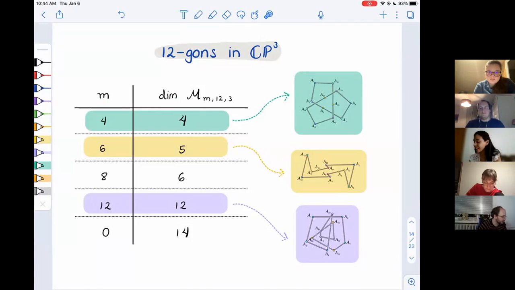The reason why I maybe don't enjoy guessing too much is because, for instance, this one was a surprise, right? As I said, I would expect that when M decreases, then the dimension of the space also decreases. But here I have M equals 0, which is the minimum.